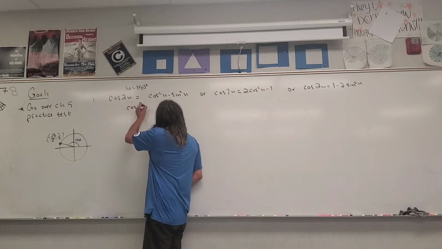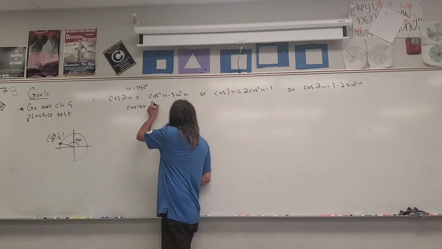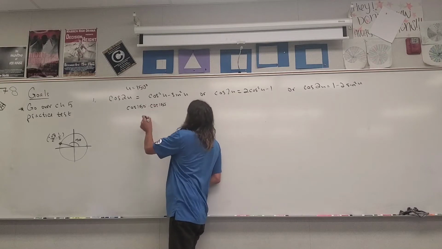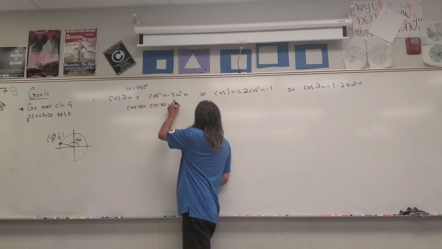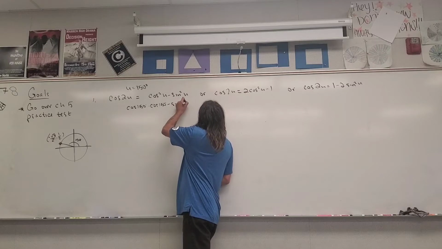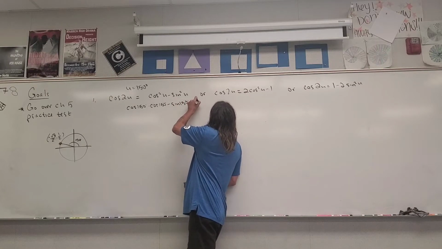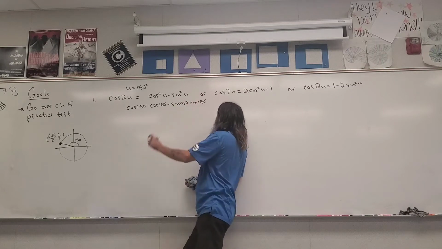Cosine of 150 degrees times cosine of 150 degrees minus sine of 150 degrees times sine of 150 degrees.